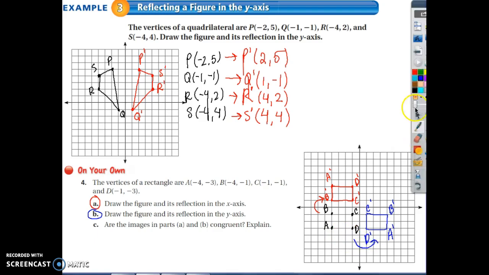Part C, are the images in part A and B congruent? All we did is we flipped our image around. We didn't stretch it. We didn't make it larger or smaller by any means. We simply flipped it over. So in part C, our answer would be yes. We didn't change the image itself.